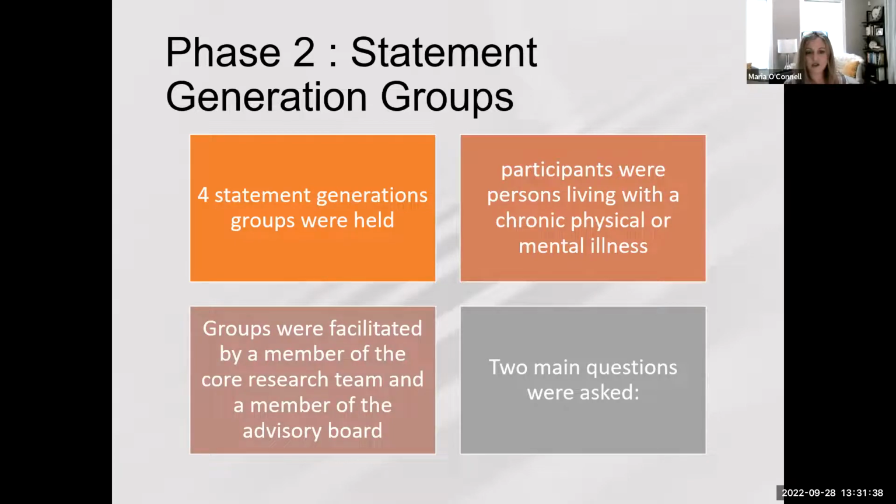And we held these groups with people living with chronic physical or mental illness. The goal of the statement generation groups was to try to identify all the possibilities of things that would be important to people's lives. And we asked not just people with chronic physical or mental illness, we also asked people who did not have one of those diagnoses.